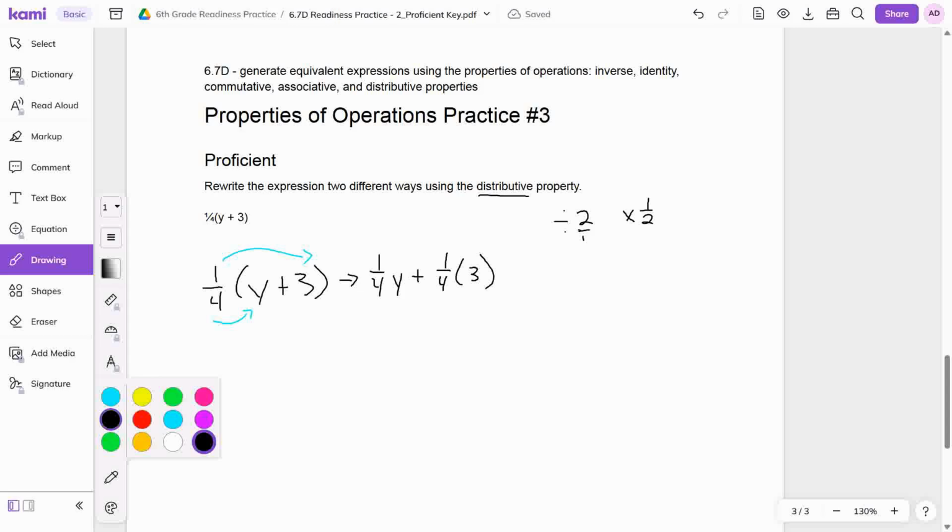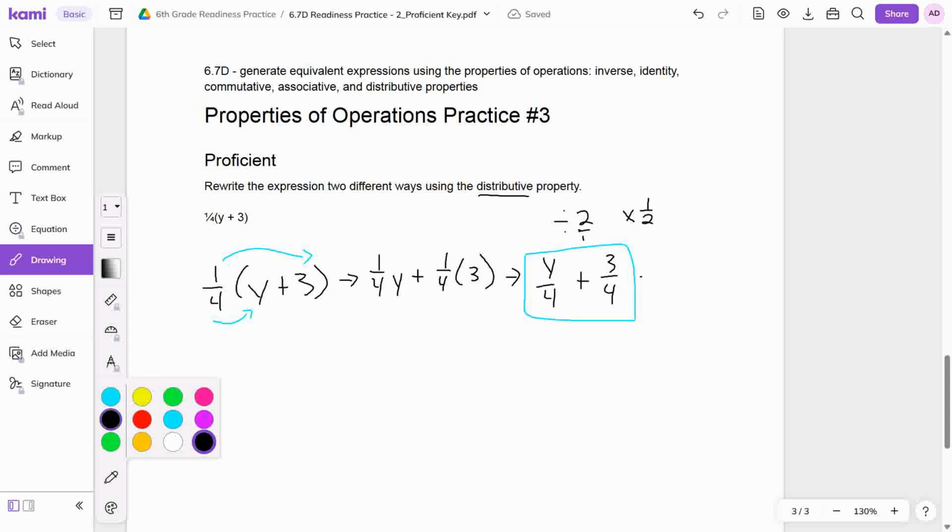What's the reciprocal of 1/4? It's 4. So here's one version: y over 4 plus, and then same thing. What is 3 sets of 1/4? 1/4, 2/4, 3/4. It's 3 divided by 4, or 3/4. Since I have the same denominator, you can actually combine this.